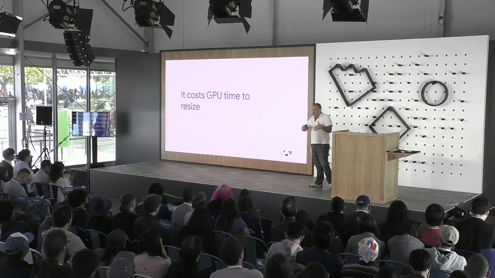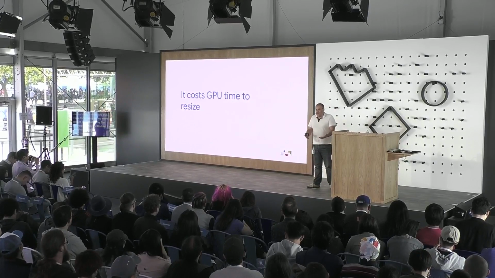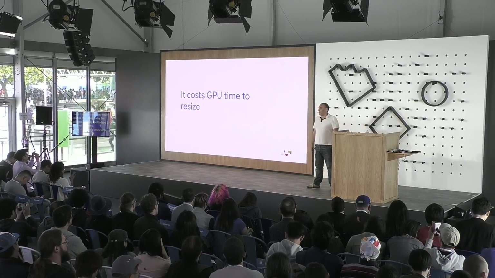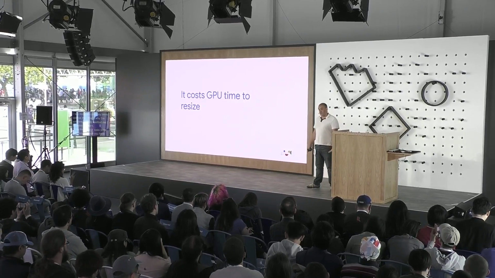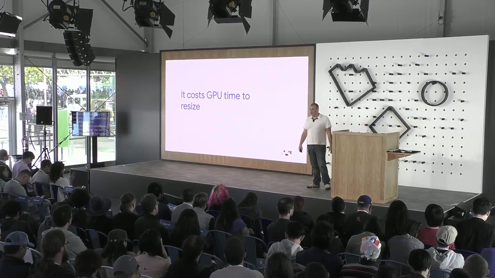To do the resize, it costs some time. It costs some GPU time because you have to interpolate back to full screen for the final presentation and final compositing. And every Android device has a hardware composer that is not exposed to the user, which doesn't make me particularly happy.